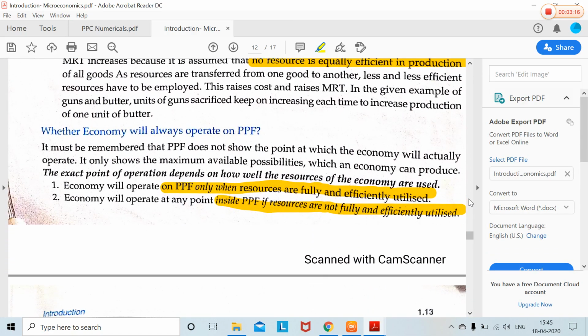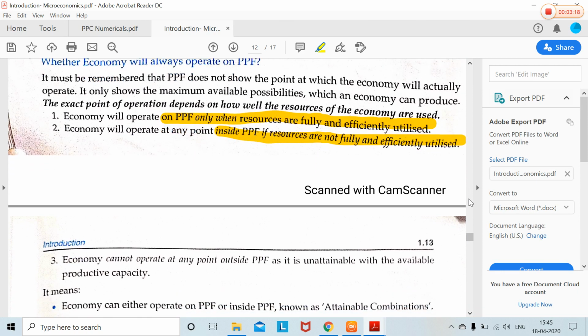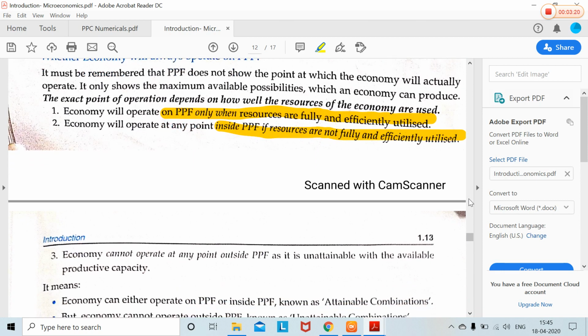This concept was also covered, that we will operate on PPC only if resources are fully and efficiently utilized. So obviously no economy operates on PPC. There is always a scope of increasing production because all the resources are not fully utilized.